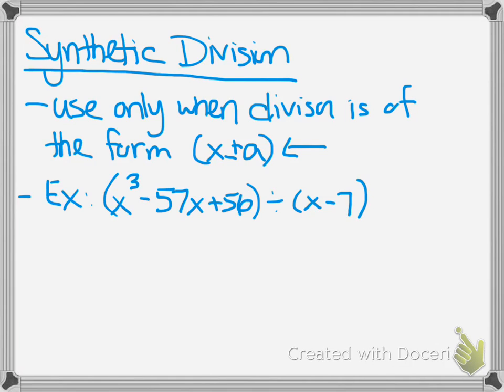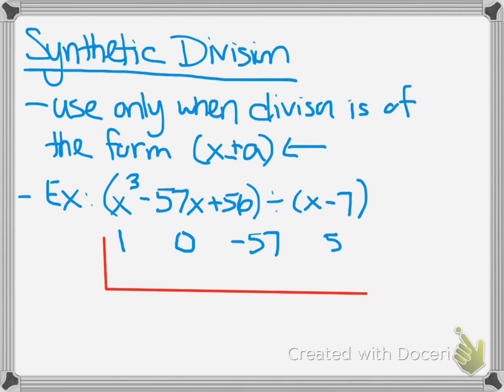So to do synthetic division, we're going to draw an upside down division symbol this time. And inside our division symbol, we're going to put the coefficients of our dividend, what we're dividing in other words. So it's 1x cubed, it's 0x squared, it's negative 57x, and it's plus 56.